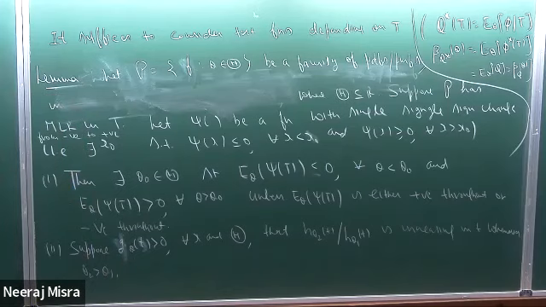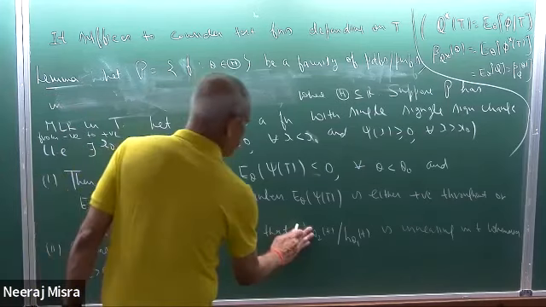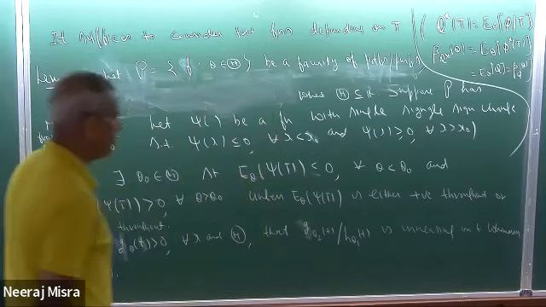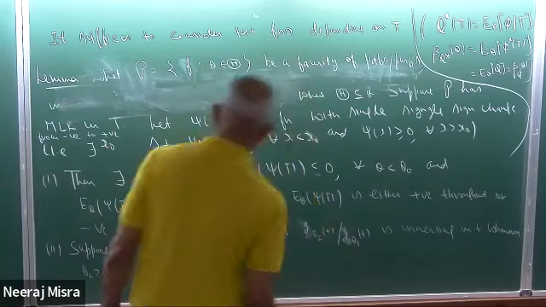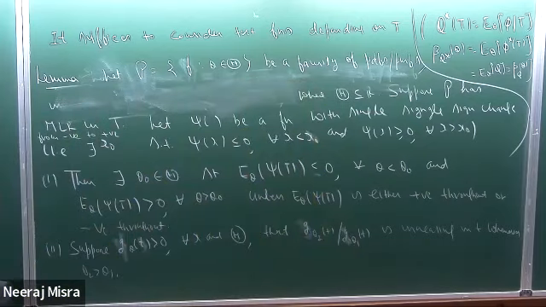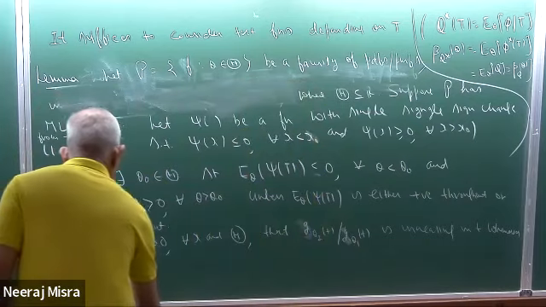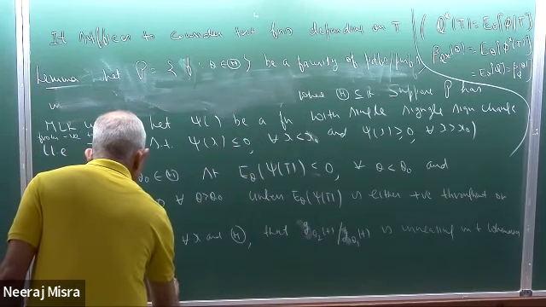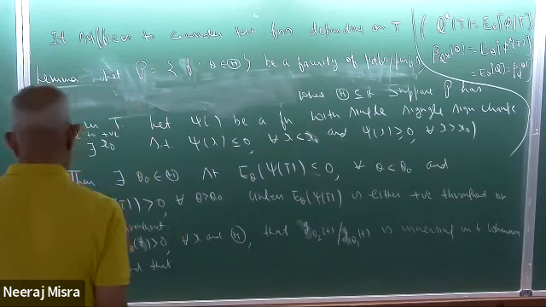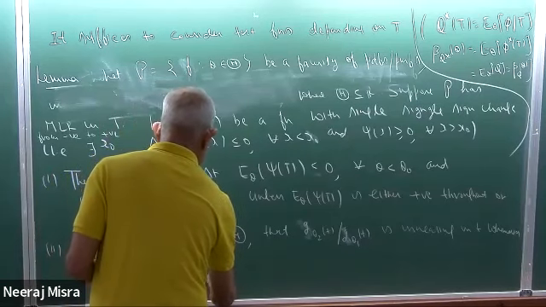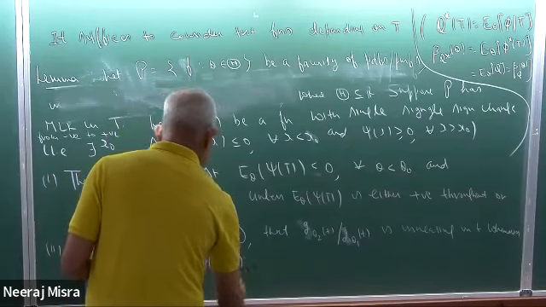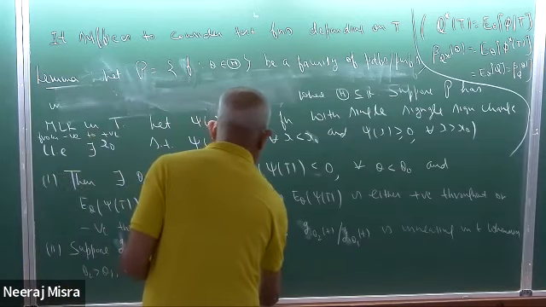Suppose now this g theta is a density of t. Suppose density of t is such that it is positive and g theta 2 t upon g theta 1 t is increasing in t for every theta 2 greater than theta 1, and probability that psi t is not equal to 0 is positive.